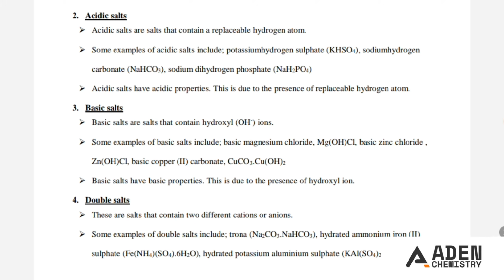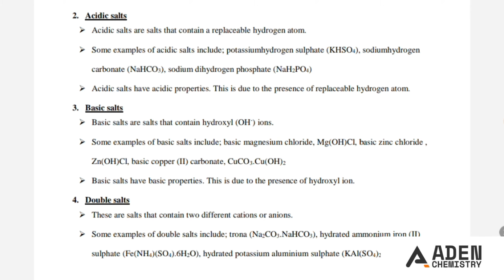We have acidic salts. What are acidic salts? Acidic salts are salts that contain a replaceable hydrogen atom. Some examples of acidic salts include potassium hydrogen sulfate, written KHSO4, sodium hydrogen carbonate, written NaHCO3, and sodium dihydrogen phosphate.